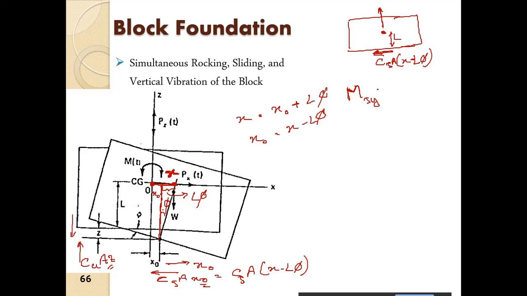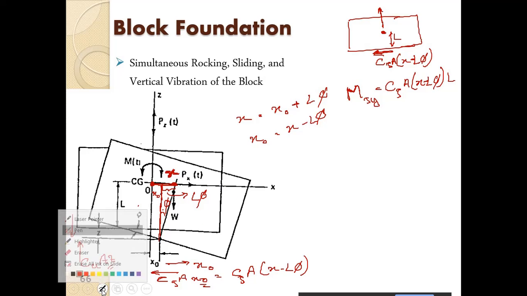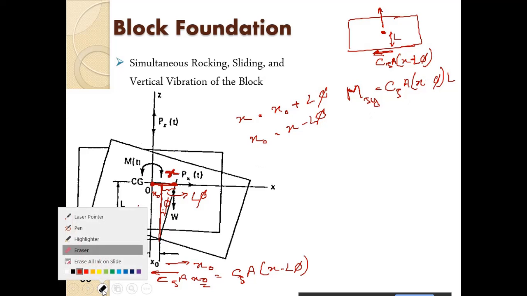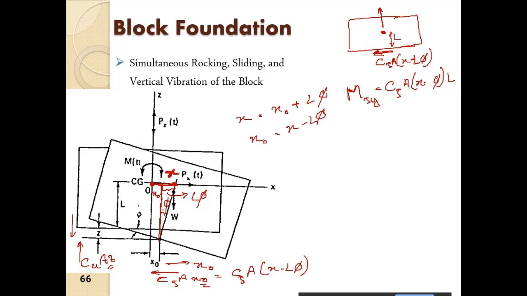That will be equal to C tau A into x minus L phi into L. Okay, so that is one moment.